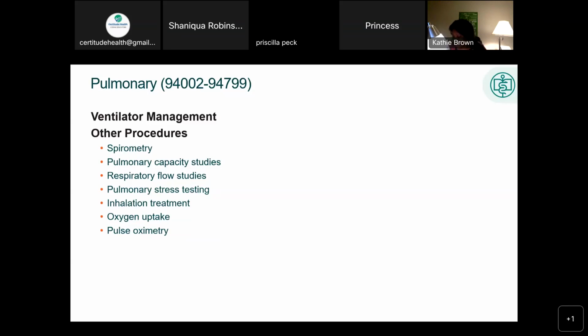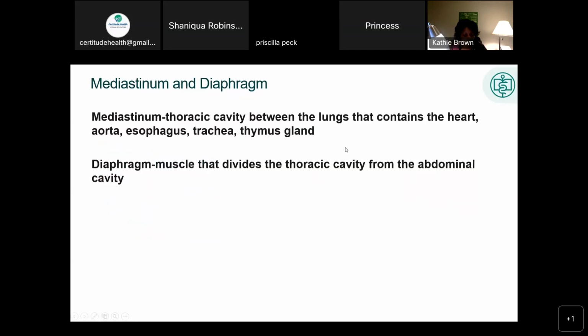So yeah, those would be found in the medicine section with the CPT codes ranging from 94002 to 94799. Probably won't have a whole lot of questions on that, but just need to be aware that that's where they're found. The mediastinum and the diaphragm. So very small section. I will cover that.